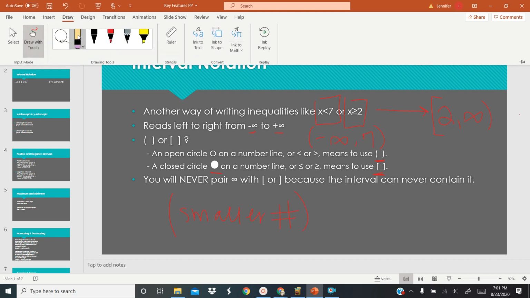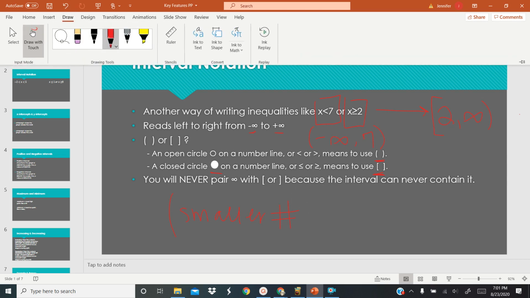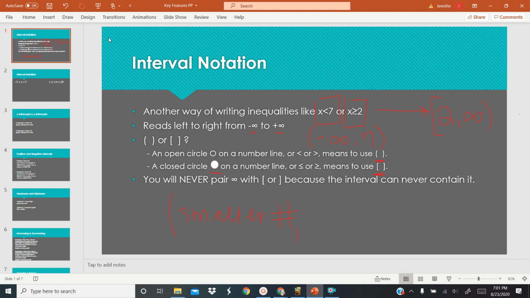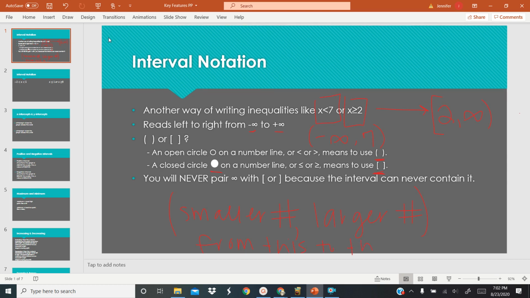Then you put a comma, and then you put the larger number, and then you close the parentheses. That essentially means you're going from the first number to the second number.